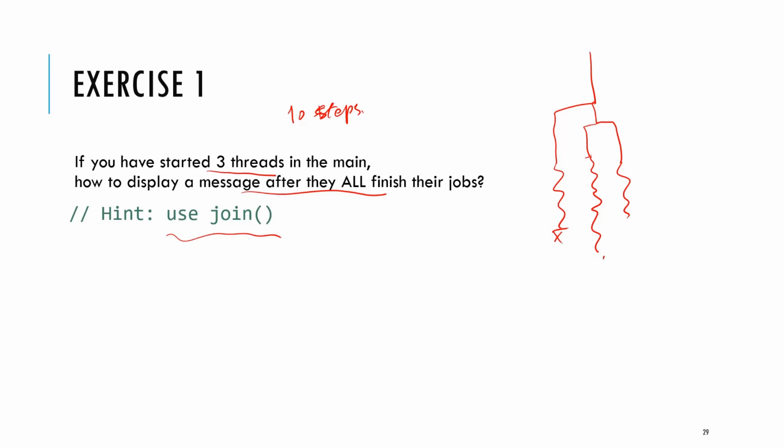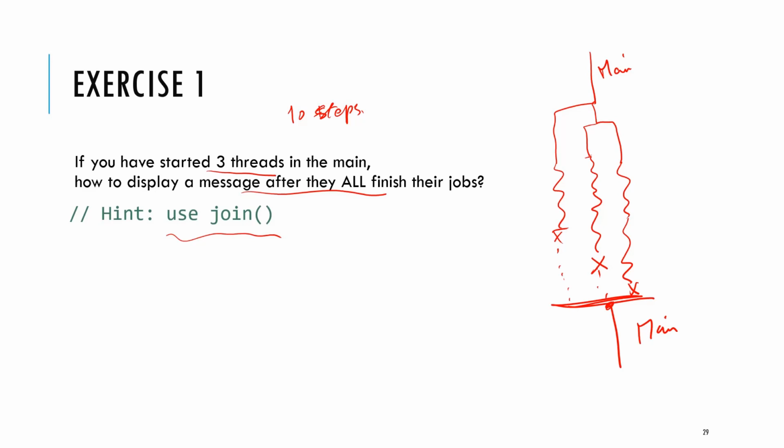Maybe the third one will finish at this moment, and the last one will be the second thread. What we want is for the main thread to be able to display a message when all of them finish their jobs as soon as possible, actually.